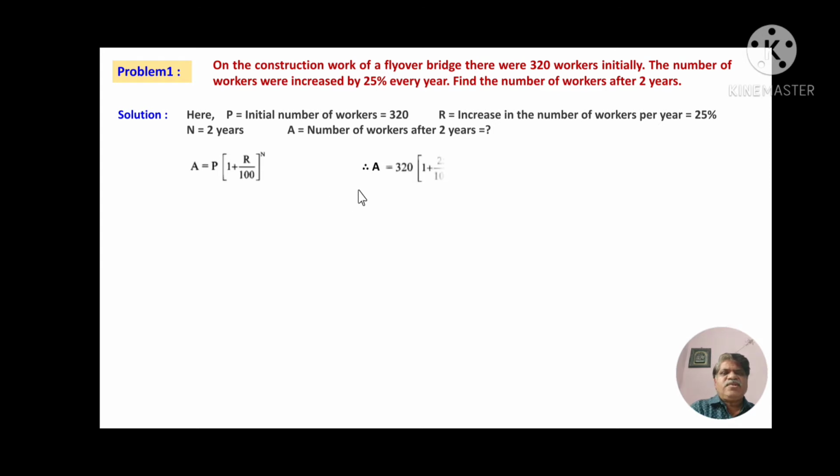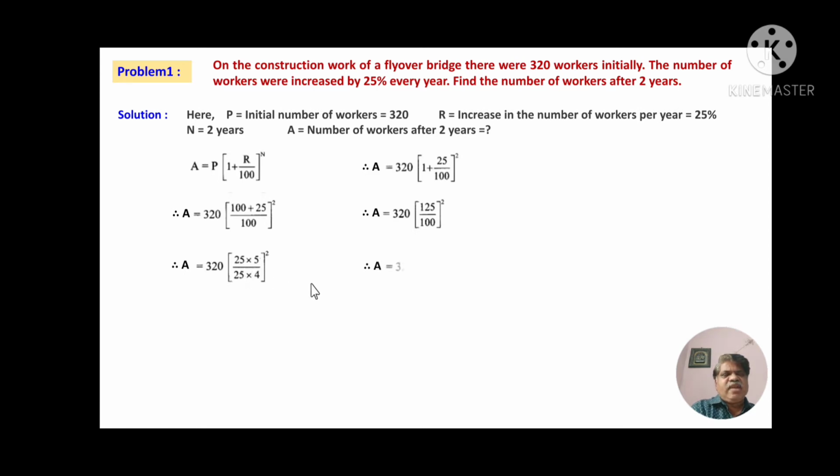Now we will substitute the values. A is equal to 320 into bracket 1 plus 25 over 100 raised to 2. Therefore A is equal to 320 into bracket 100 plus 25 upon 100 raised to 2. Therefore A is equal to 320 into bracket 125 upon 100 raised to 2. Simplifying, A is equal to 320 into bracket 25 into 5 upon 25 into 4 raised to 2.